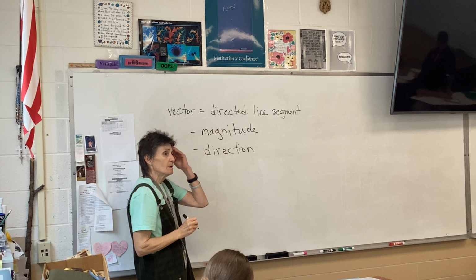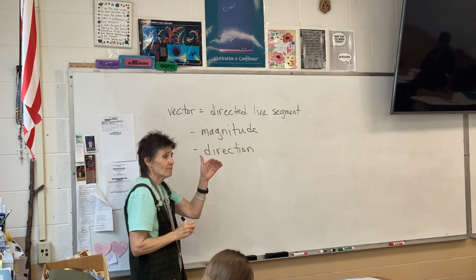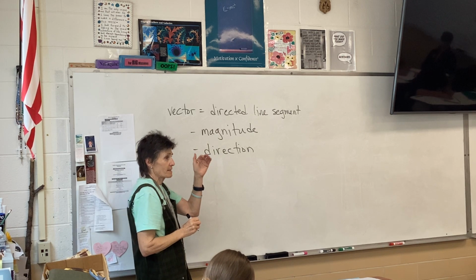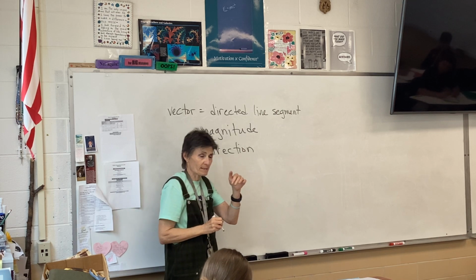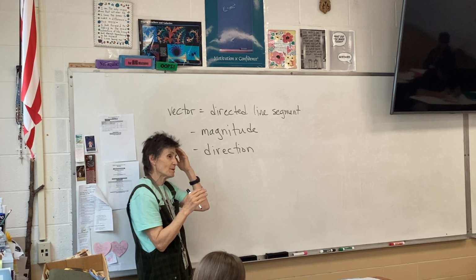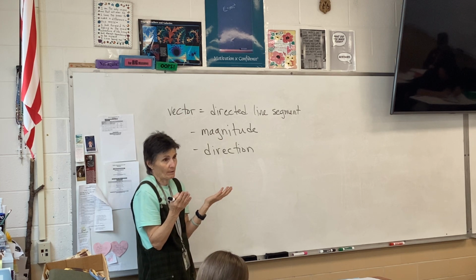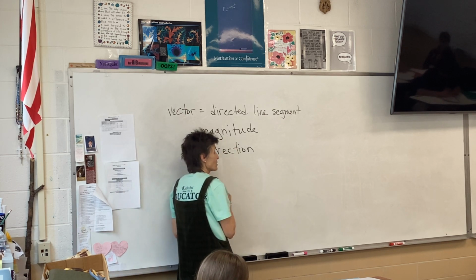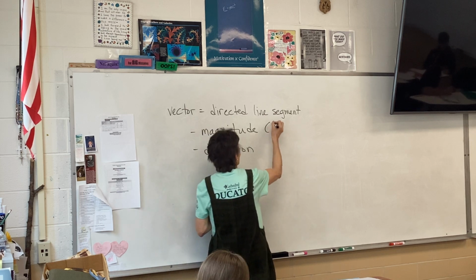Okay? Now, for those of you not in physics, the study of vectors and matrices, and they go together, so we're going to do a little bit of both. The study of vectors and matrices has its own vocabulary. Magnitude is just the vector word for length.